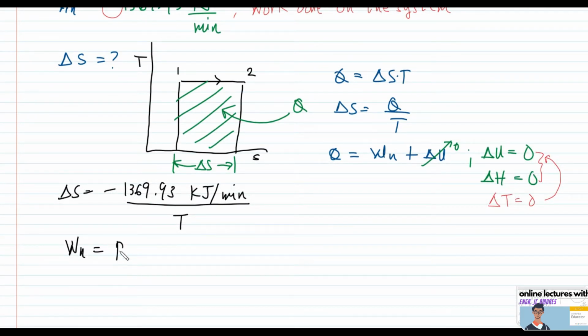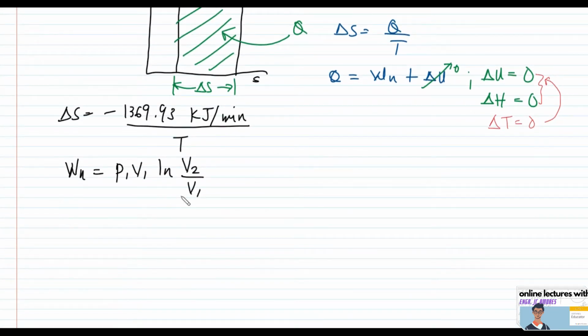Your non-flow work is P1 V1 times the natural logarithm of V2 over V1, and we have established that your non-flow work is equal to Q. That's why we use the non-flow work divided by T, but the problem is we don't have the T. So if we substitute that in the formula for delta S, we'll have P1 V1 ln V2 over V1, that is your non-flow work, which is equal to Q, over T.